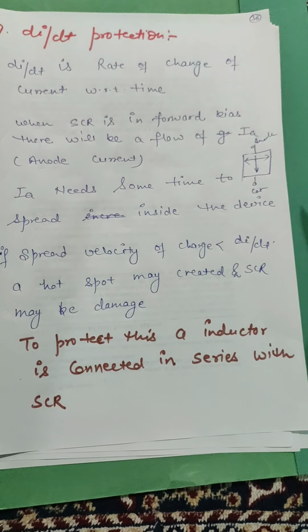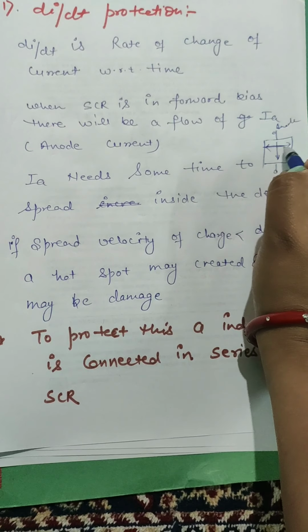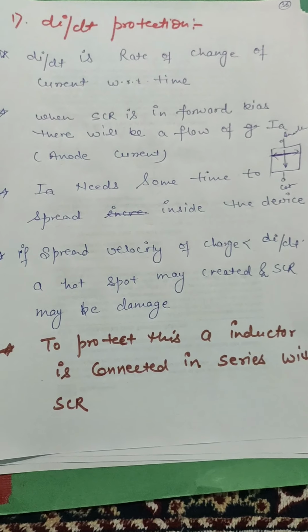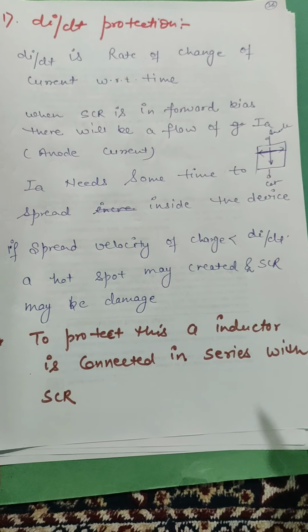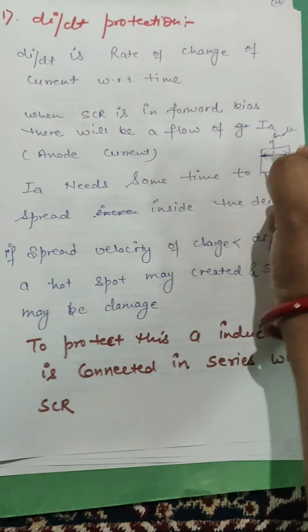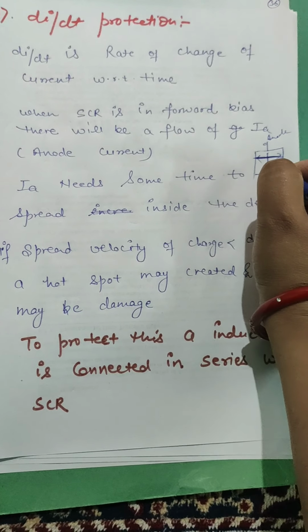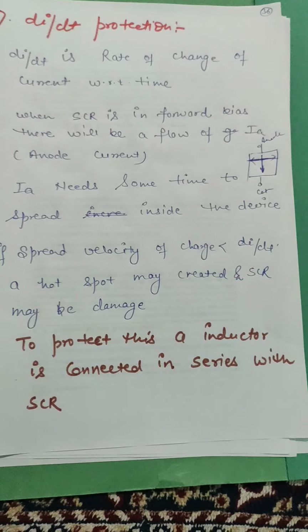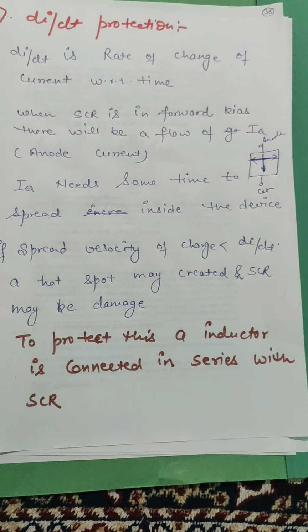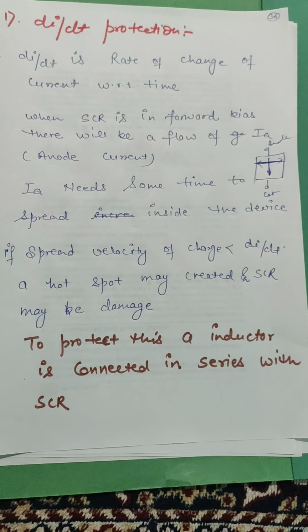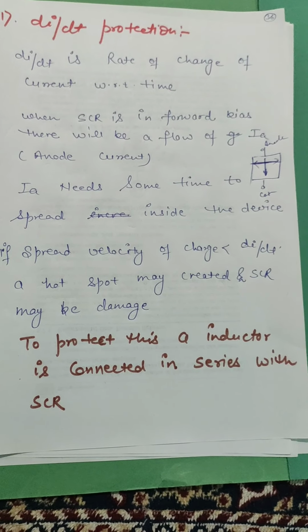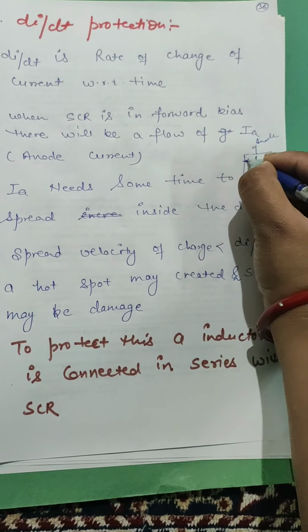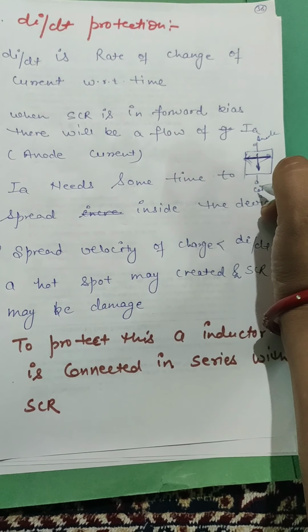So, in a cross sectional area, if the spread velocity of charge is less than di by dt, the rate of change of current, how can we say that? Rate of change of current means according to time, how our current will change, with respect to time. So, this velocity and this velocity must be equal.